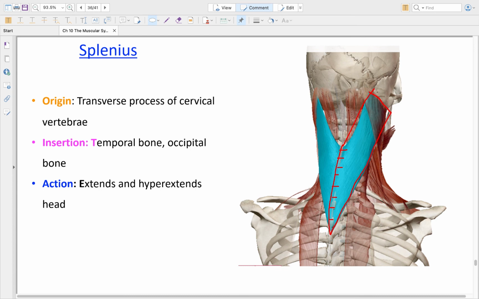I keep saying lobe because that's how we refer to the sections of the brain, like occipital lobe, which is part of the brain that's right under the occipital bone. You can see the connection at the occipital. There's the temporal. Those are both the insertion. The origins are down here. This one is responsible for extension and hyperextension of your head. If you extend your head, that's like pulling it backwards, and hyperextension is extending it even further.